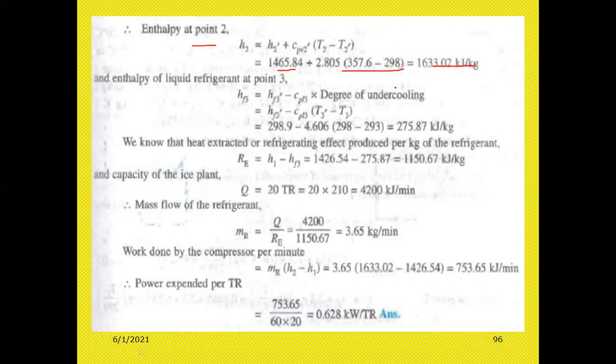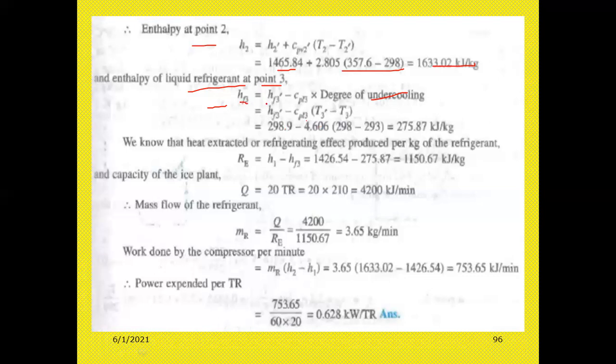And the enthalpy of liquid refrigerant at point 3, H3, is equal to HF3 dash minus Cp into degree of undercooling. Therefore, H3 dash minus Cp is equal to T2 minus T1. Right, next.